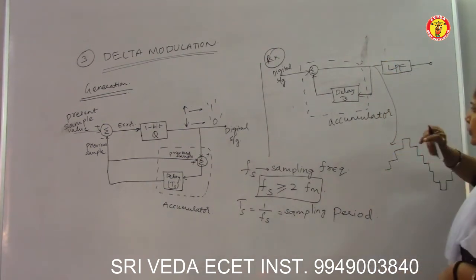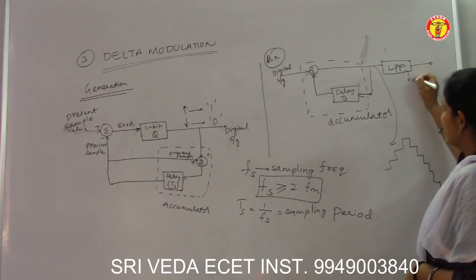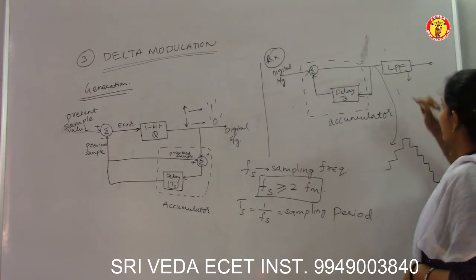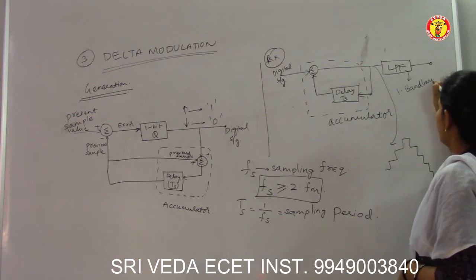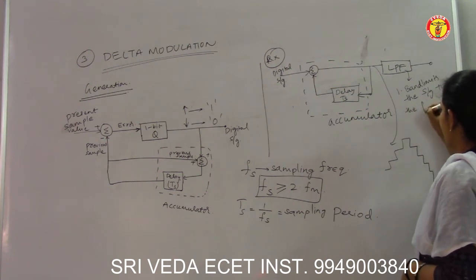The output of this accumulator is fed to a low pass filter, which performs two functions. First, it bandlimits the signal to the signal frequency, that is Fm.